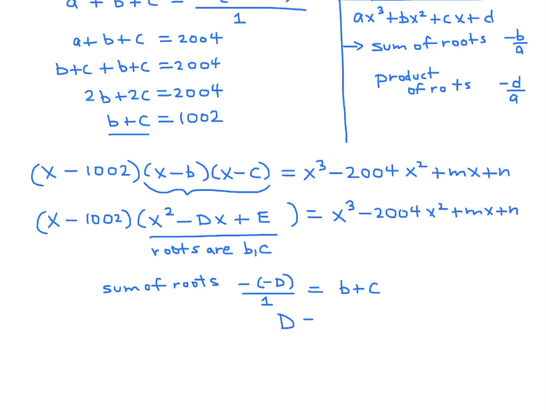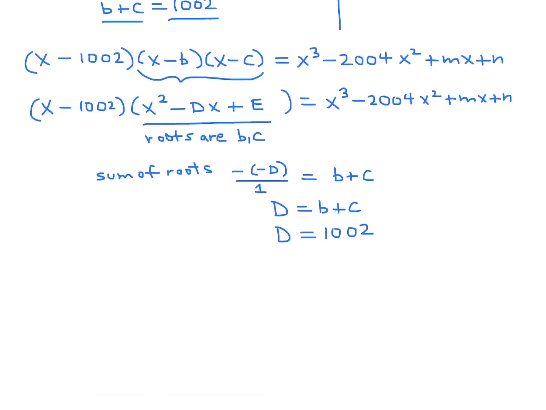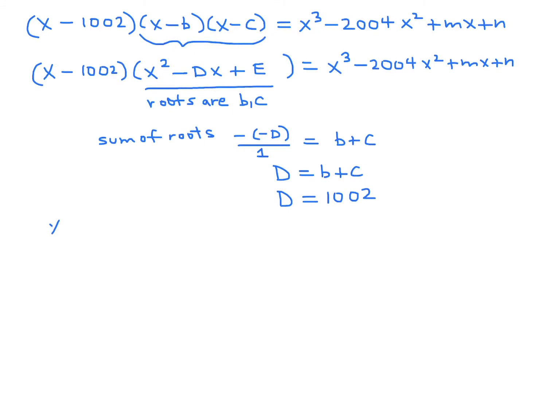So that means d, my big D, is equal to b plus c. So you see how I got that there? Right? But b plus c, we know, is 1002. So there you go. I just got a numerical value for d. So that helps, right? So now I can go back and I put that in there.